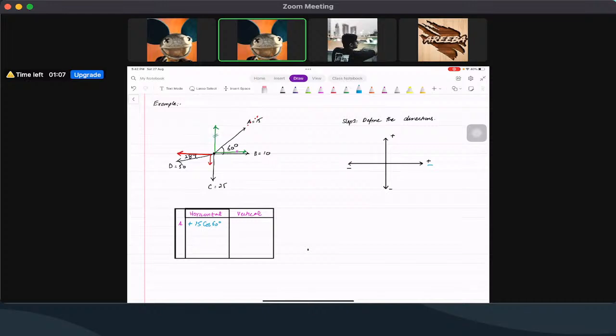Adjacent or opposite? For the vertical component of A, we are finding the components. 15 sine 60. Would it be positive or negative?